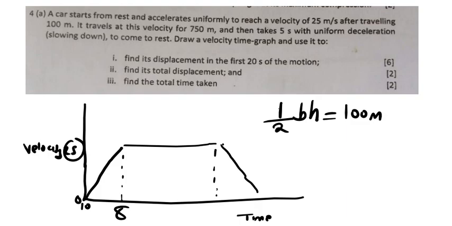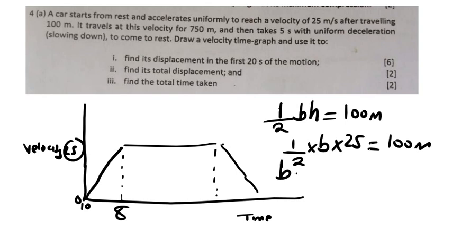Therefore half multiplied by the base, which we're trying to find, multiplied by the height, which is 25, is equal to 100 meters. What I did is multiply by 2 on both sides.